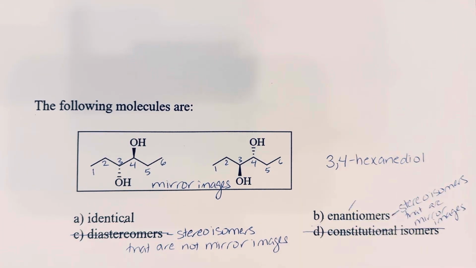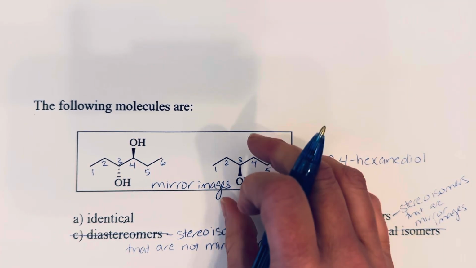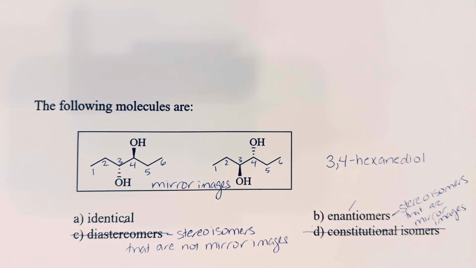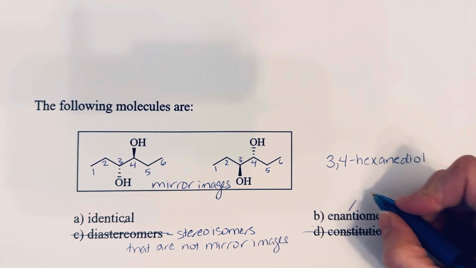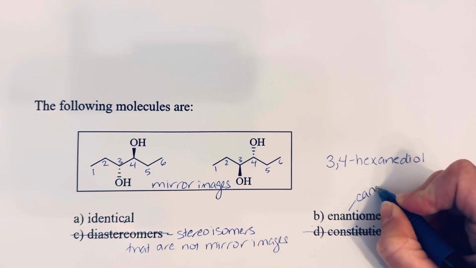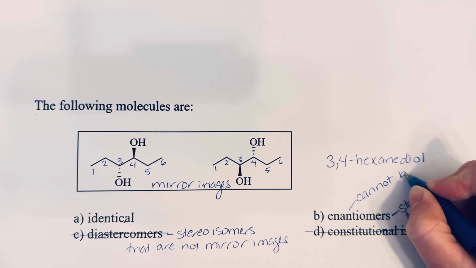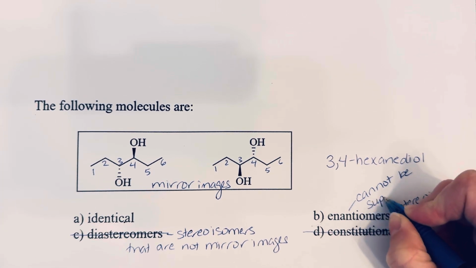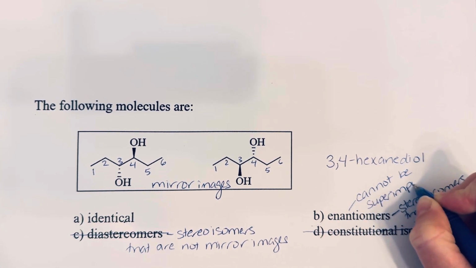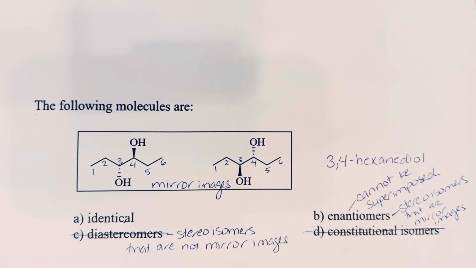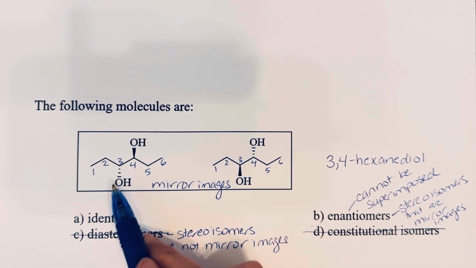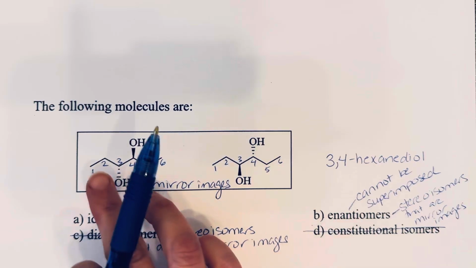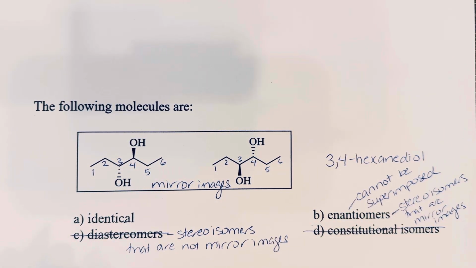They also have to be non-superimposable, so they cannot be placed one on top of the other. Again, at a very quick glance it might look like we could pick one up and put it on top of the other and they would not line up.